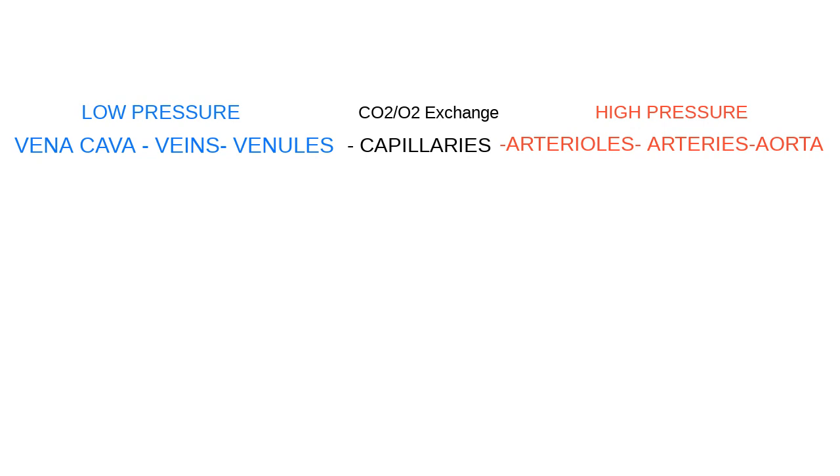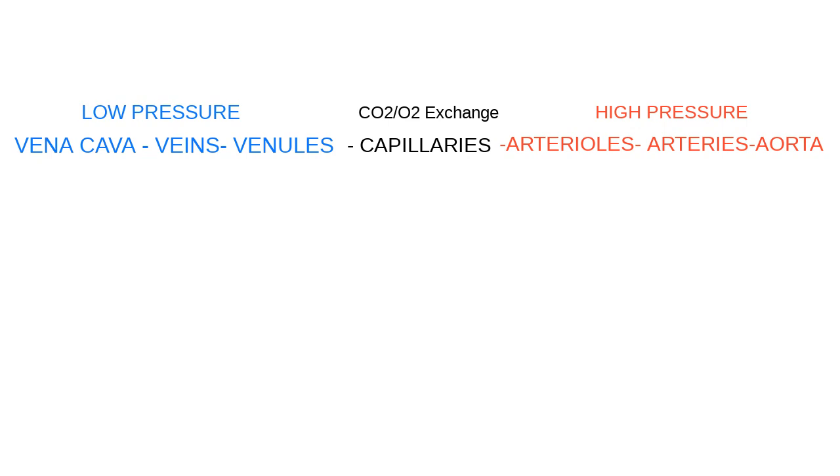Now, at the level of the capillaries, it is one cell at a time. So only one cell can move at a time. And depending on where the capillary is, if it's coming from the venous side, when it gets to the capillaries, the cell will pick up the oxygen and become more oxygenated, and then it crosses over to the arterial side.